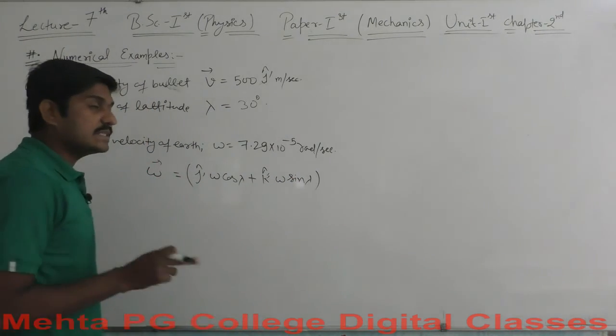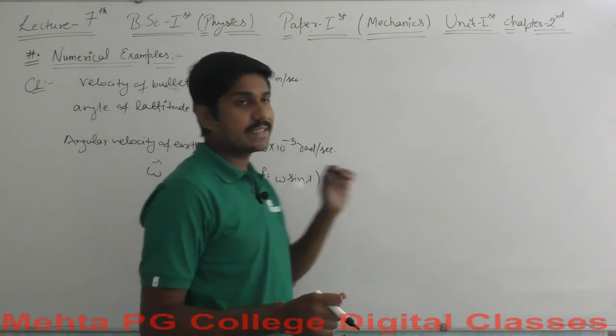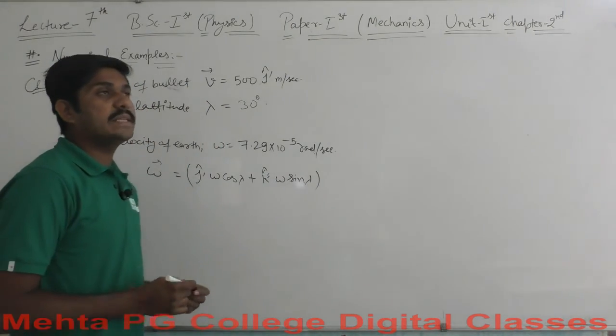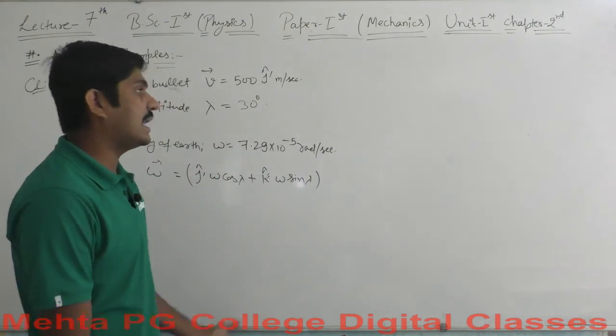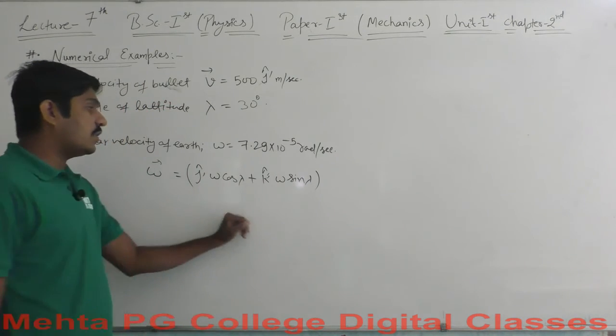The cos of lambda means the component associated with the axis, and the sin of lambda means the component perpendicular to the axis or line of action. So this is the omega vector here.